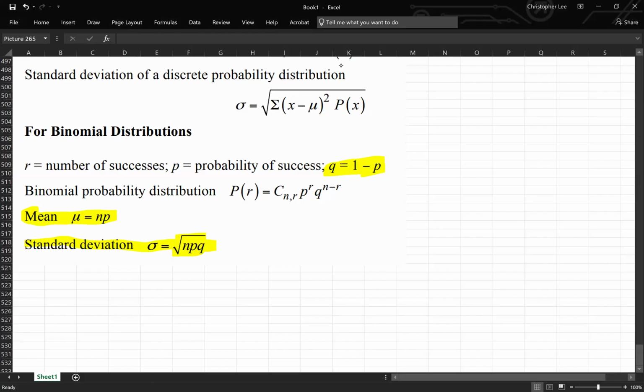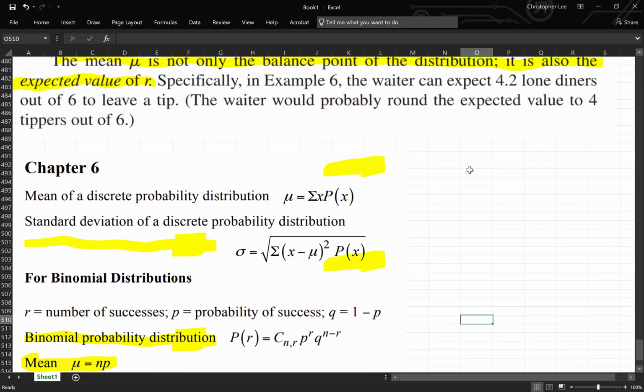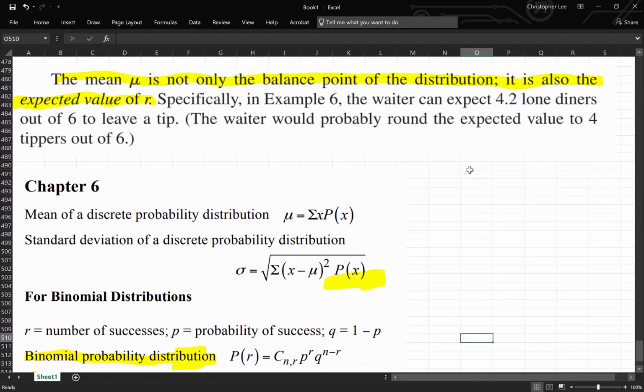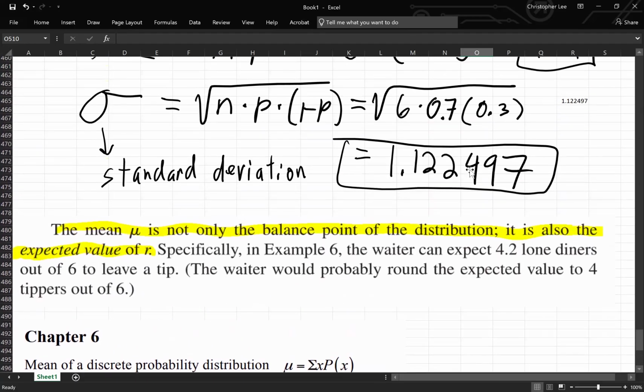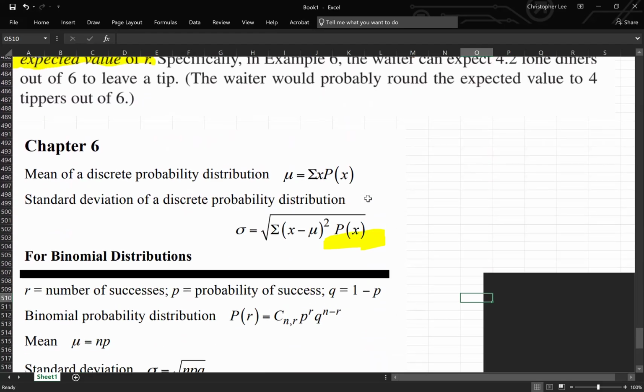So that's why you see in mine, I don't really have a q. I do 1 minus p. That's the reason why. Okay, you see in my formula, I just do 1 minus p. That's where I'm getting it from.